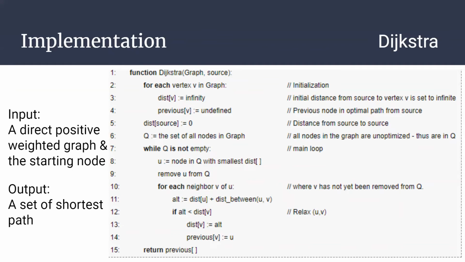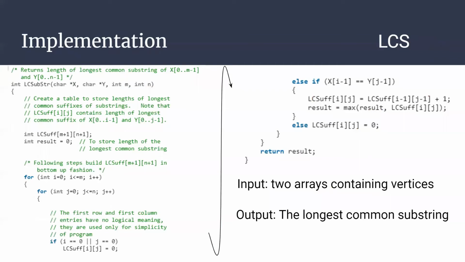Just like any other Dijkstra algorithm, the input will be a directed positive weighted graph and the starting node. And we are going to get the output, which is a set of shortest paths from the source to all reachable nodes. Next.